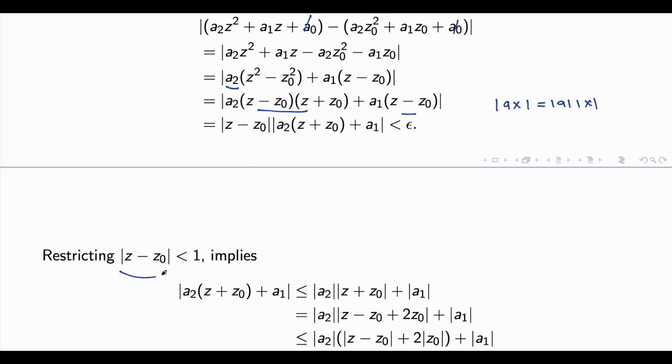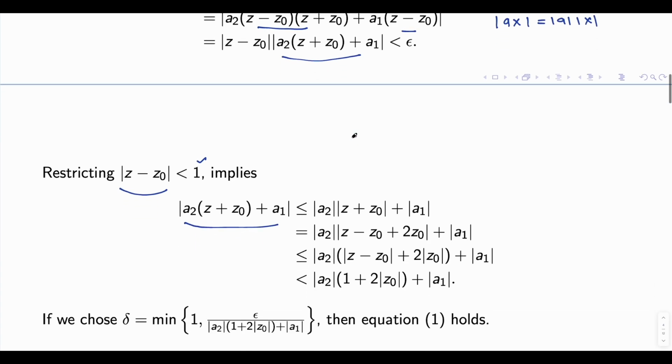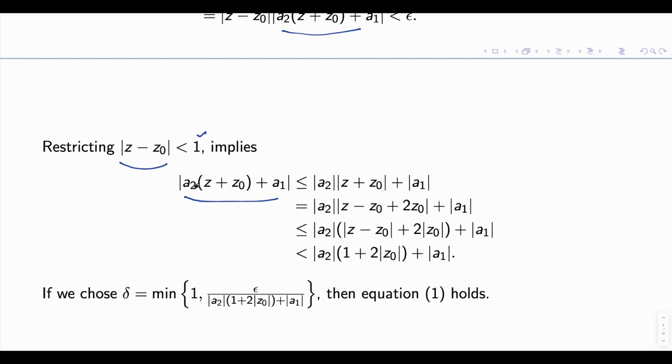Now we are restricting mod of z minus z naught to be less than 1. Let us calculate the second term. Taking the modulus property, we get mod of a2, mod of z plus z naught, plus a1.